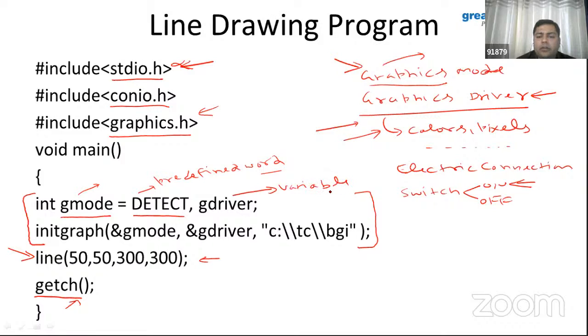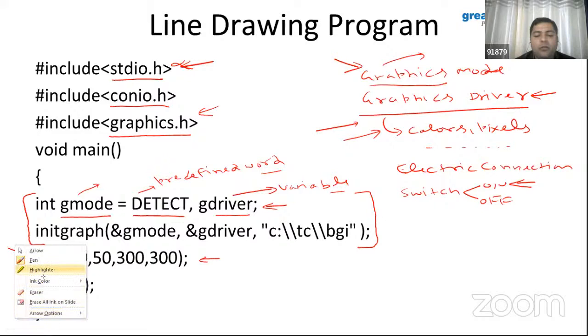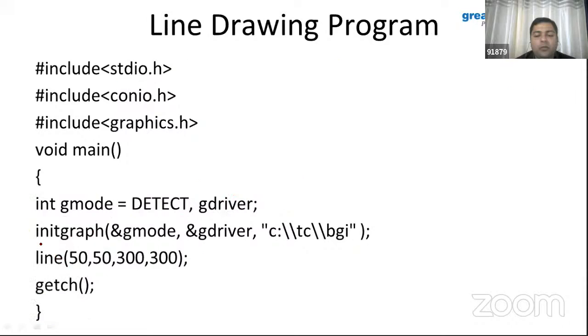You may be having a question, sir, can we change its name? Of course, yes, dear. Why not? Variables are there in your hand. So whatever name you want, you can give it. But this is a predefined method.